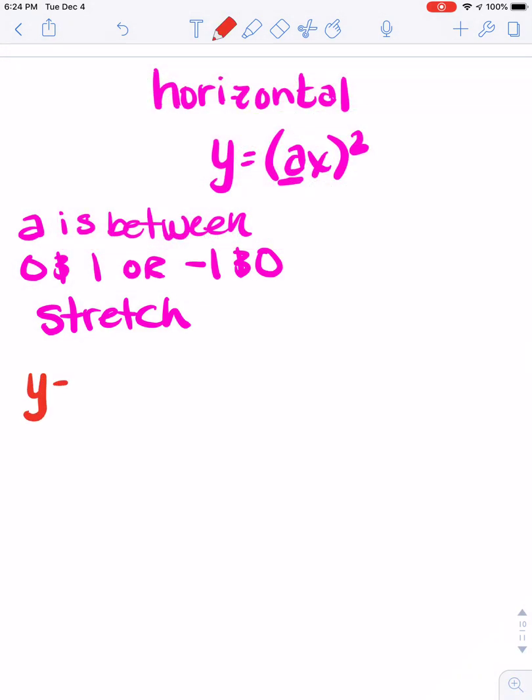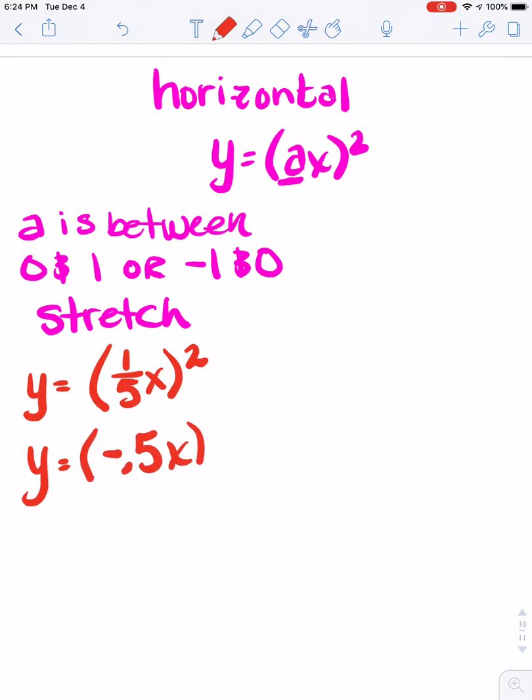So if I have y equals 1/5 x inside of there and then the squared on the outside, or y equals -0.5 x and then squared, or y equals -0.9 x squared, all of those would work.